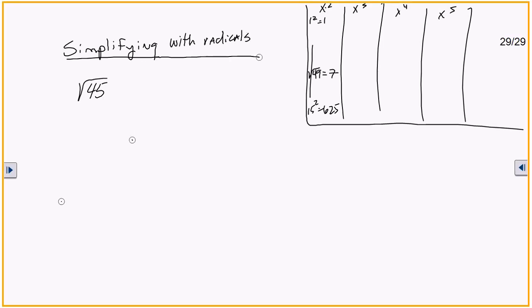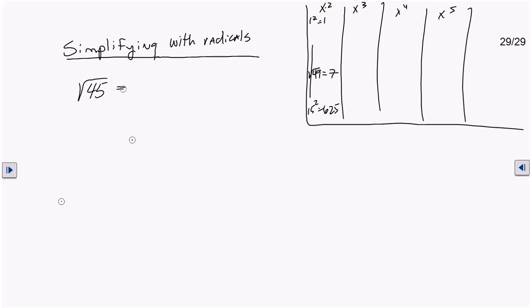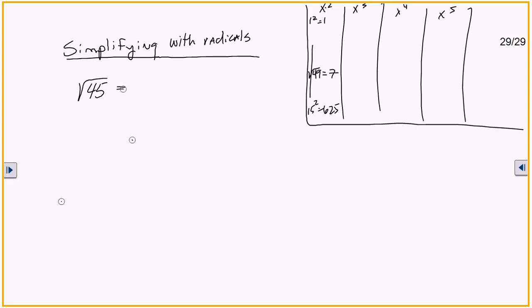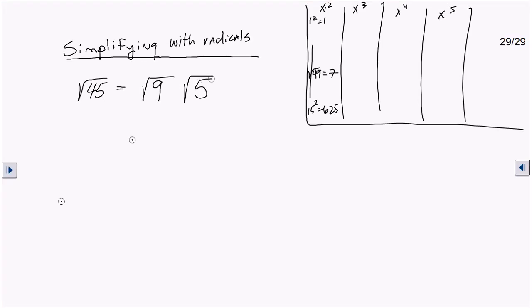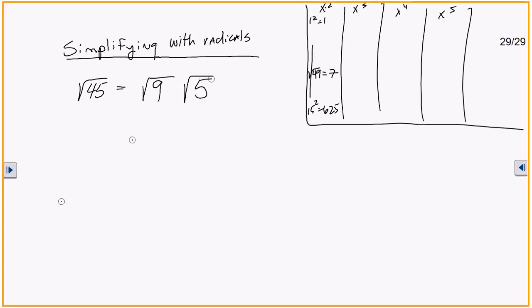Simplifying with radicals. I'm going to break this up using my perfect square index card and my multiplication tables. I'm going to say, okay, that's 9 times 5. Why did I pick 9 times 5? Because 9 is a perfect square. How do you know it's a perfect square? Because you know your index card.